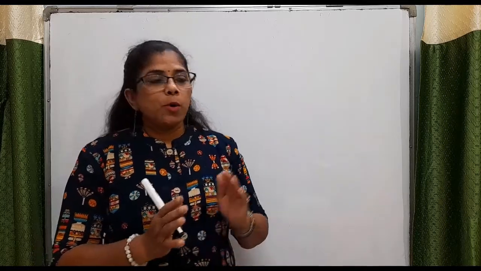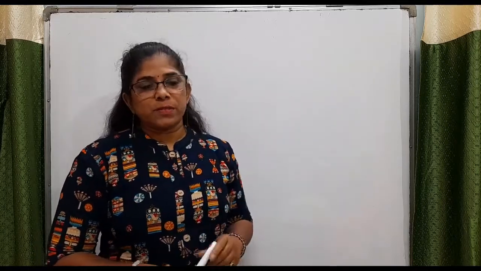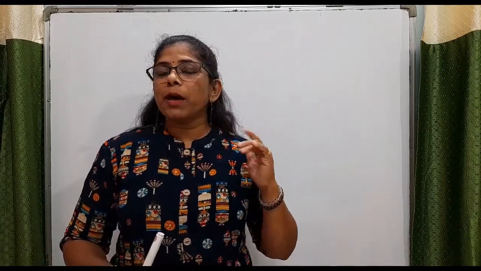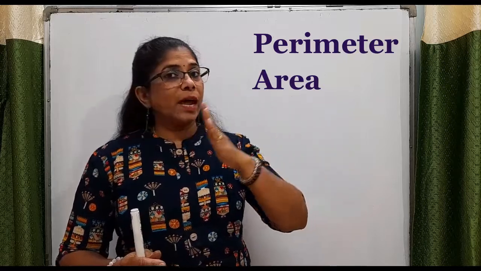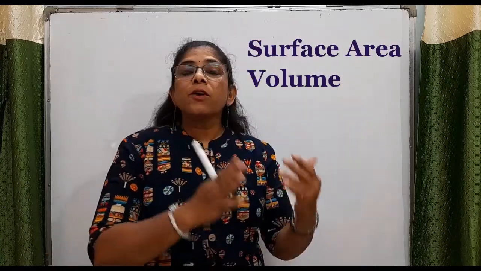Now when we talk about two-dimensional figures, 2D figures, as I said, like square, rectangle, triangle, parallelogram, trapezium, all these come under the two-dimensional figures. So in this case, we find perimeter and area. And when it comes to three-dimensional figures, we find the surface area.